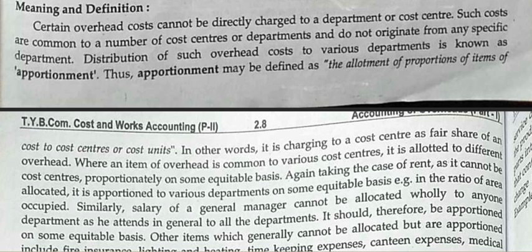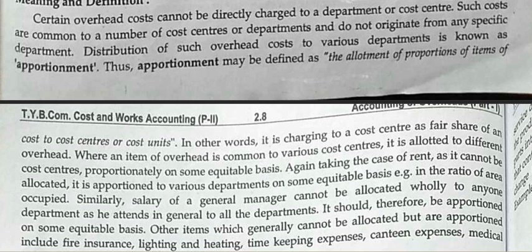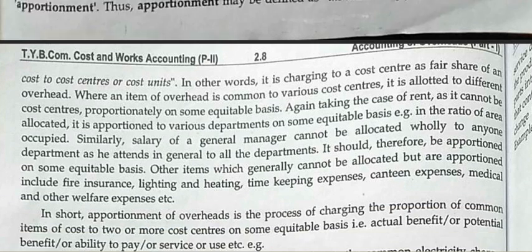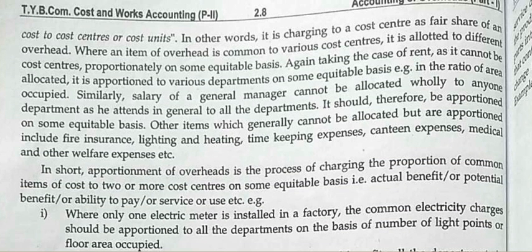Thus, apportionment may be defined as the allocation of proportion of an item of cost to cost centers or cost units. In other words, it is charging to a cost center its fair share of an overhead where an item of overhead is common to various cost centers. It is allotted to different cost centers proportionately on some equitable basis.